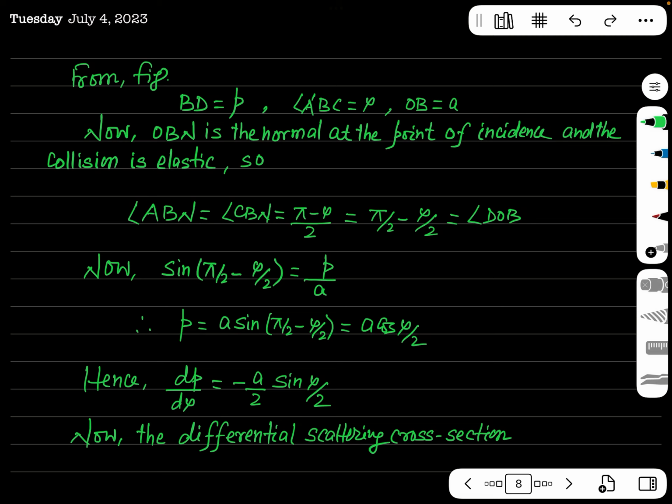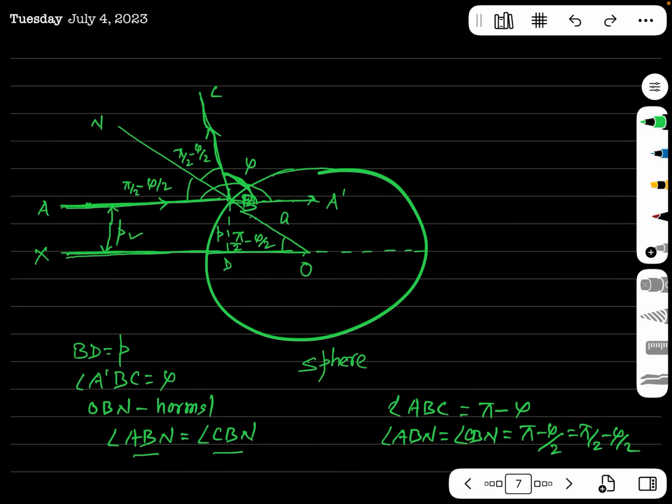Now from this geometry of the figure, you can find the impact parameter P. As you can see, BD is equal to P. Since line AB is parallel to line XO and line ABN intersects both of them, from elementary geometry this angle ABN will be equal to angle XOB, or you can say DOB.